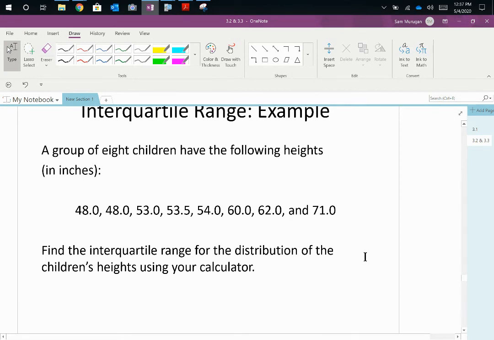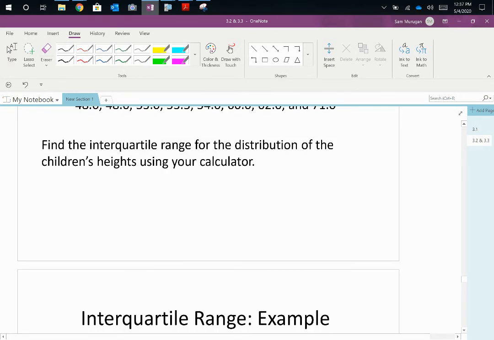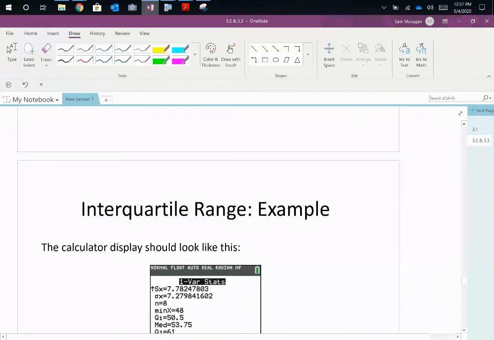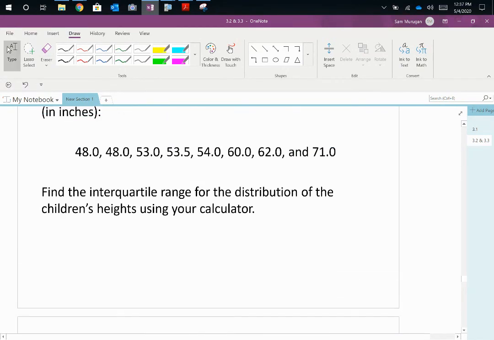I'm going to have to write this down. 48, 48, 53, 53.5, 54, 60, 62, and 71. Okay, and we'll go ahead and put this into my calculator in a list.